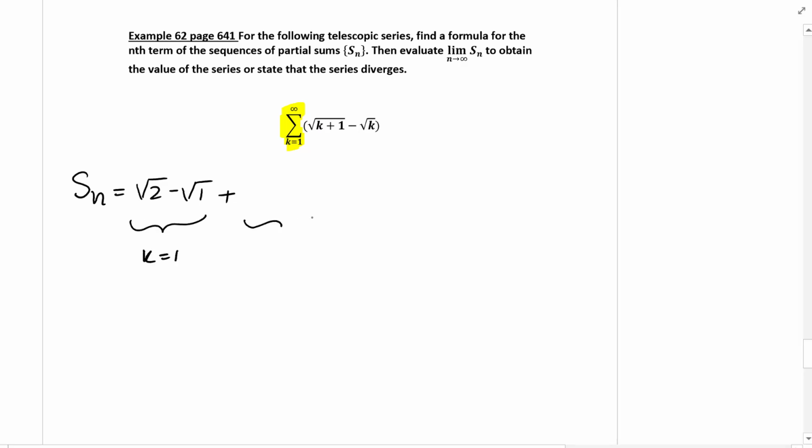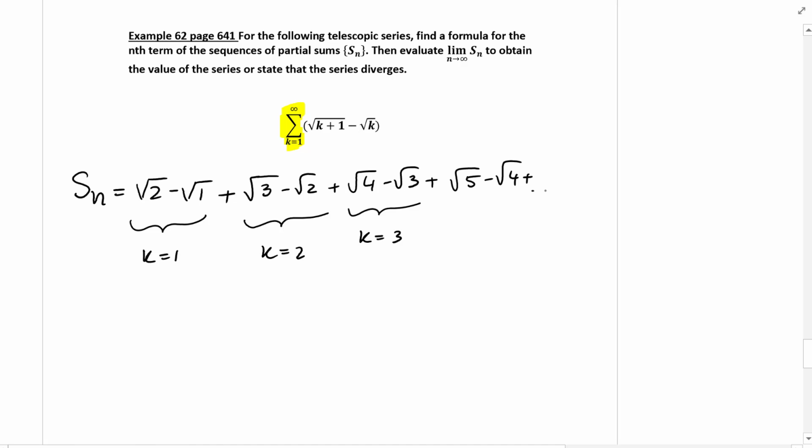For k equals 2, we get square root of 3 minus square root of 2. Plus, if k equals 3, we get square root of 4 minus square root of 3. Plus square root of 5 minus square root of 4. Plus dot dot dot. For n, it's square root of n plus 1 minus square root of n.